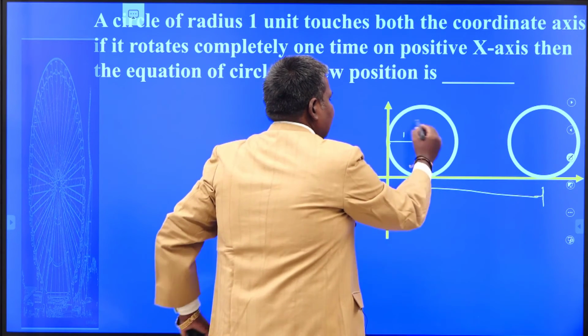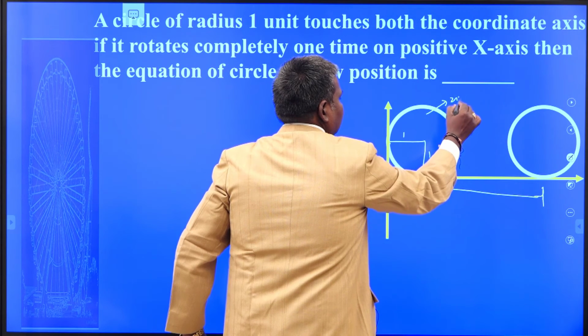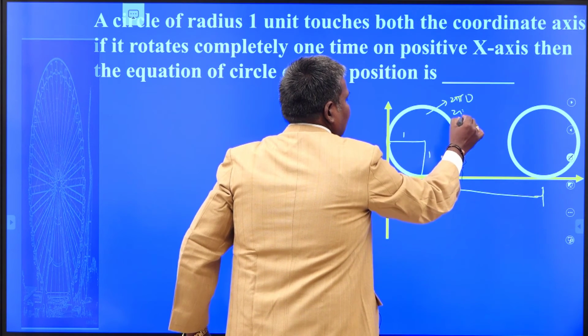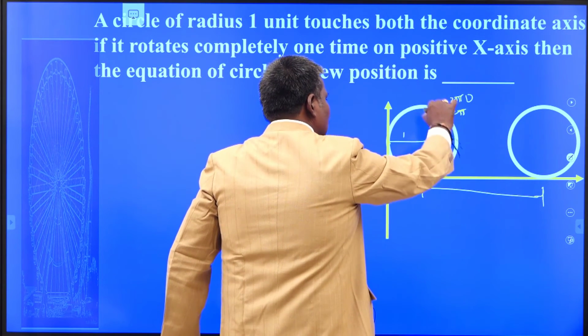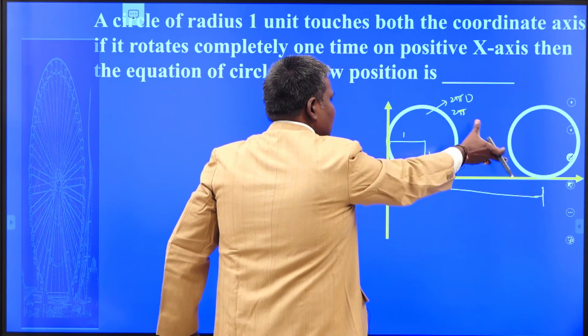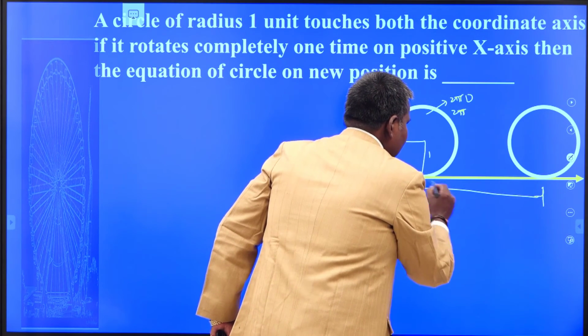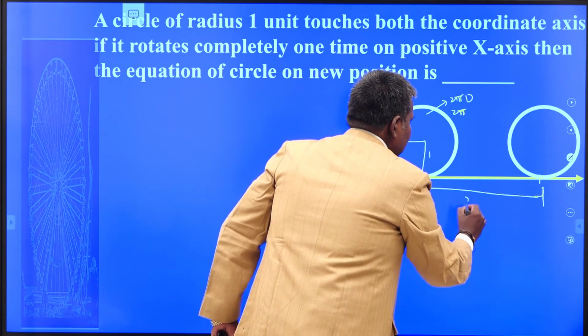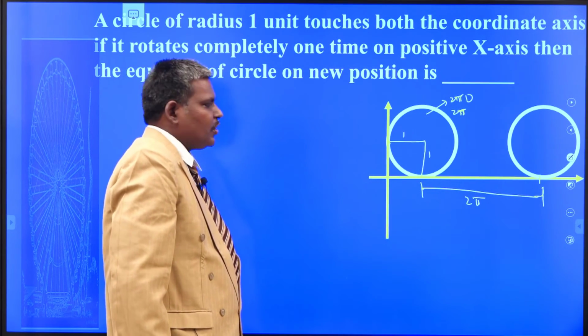That means the distance from here to here is 2 pi r. r is 1 here, so this length is 2 pi units. When it makes one complete rotation, moving from here to here, the distance is 2 pi units.